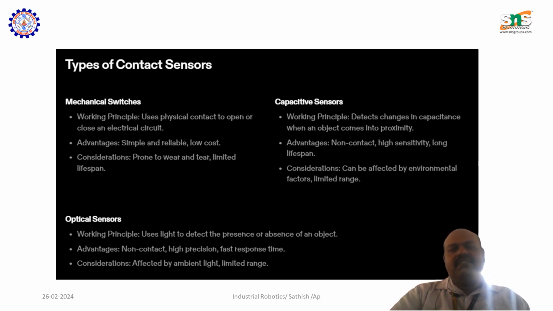They detect changes in capacitance when an object comes into proximity. Advantages are non-contact operation, high sensitivity, and long lifespan. Considerations are that they can be affected by environmental factors and have limited range. If there is a huge range, then there will be a problem with these capacitive sensors.